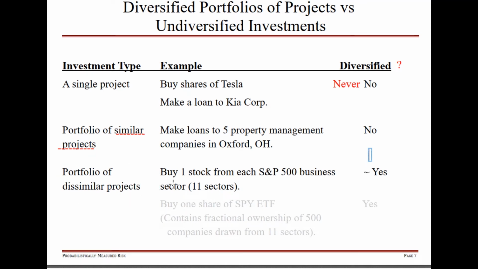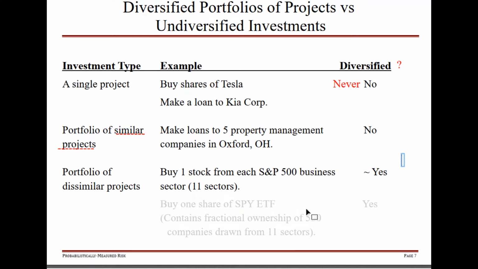So a simple example would be, let's buy one stock from each S&P 500 business sector. In the S&P 500, there are 11 sectors, including finance, energy, communications, consumer discretionary, consumer non-discretionary, stuff like that.